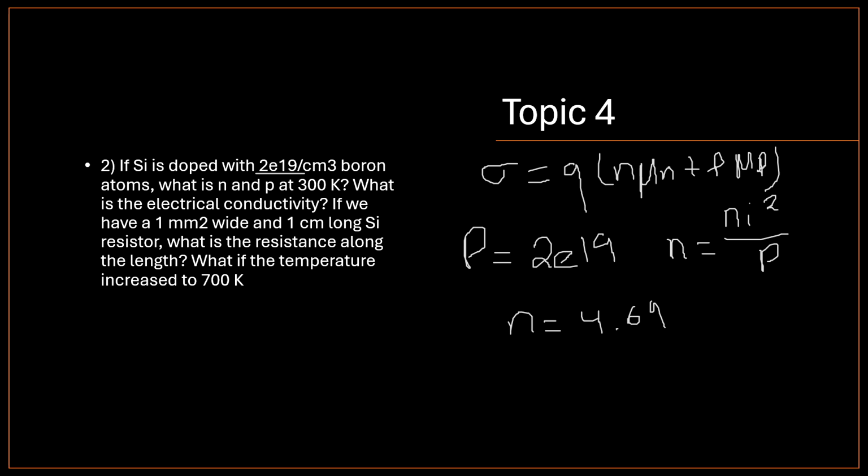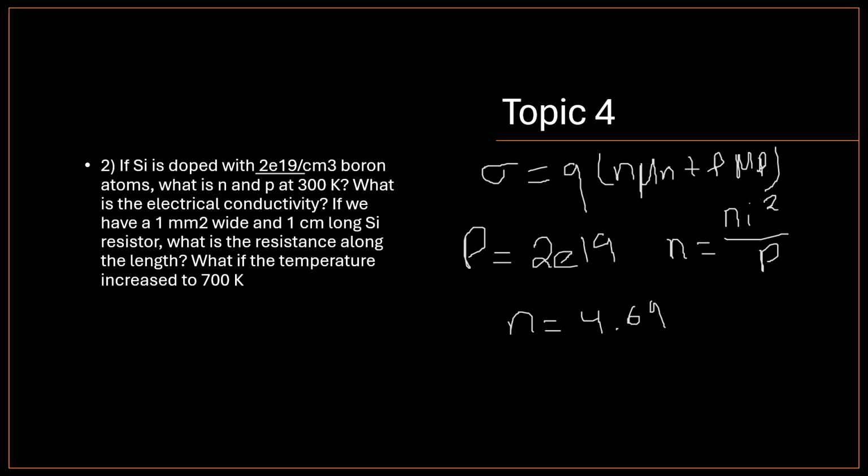As I said, you plug in, and what you should be getting is that the electrical conductivity for 300K is 1.54 times 10 to the fifth. Your resistivity should be 6.5 times 10 to the negative 6.